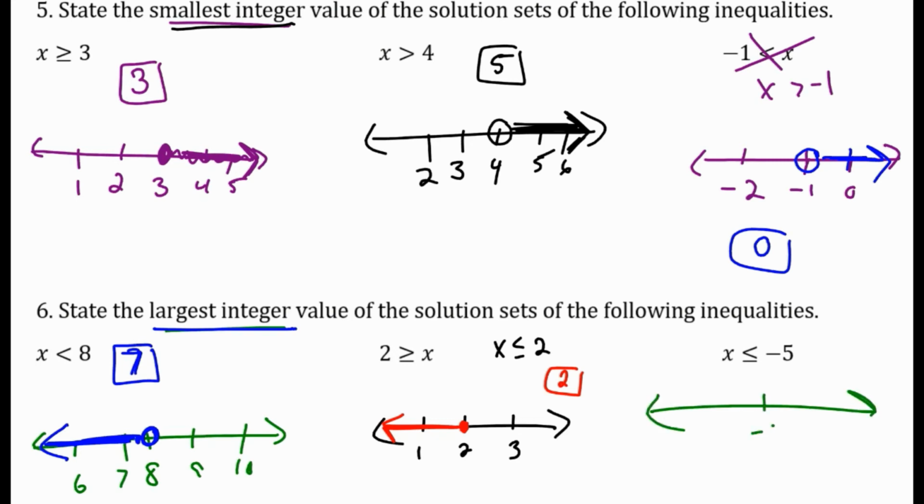Over here, I've got -6, -5, -4. I got a closed circle again, and I'm shading x is less than that. Shade this way. What's the biggest number? -5. It's easy when there's that equal to piece because it's just that number. Otherwise, you've got some thinking to do.